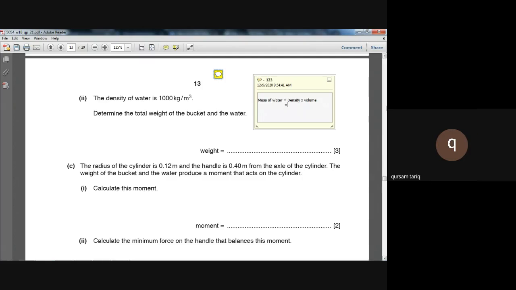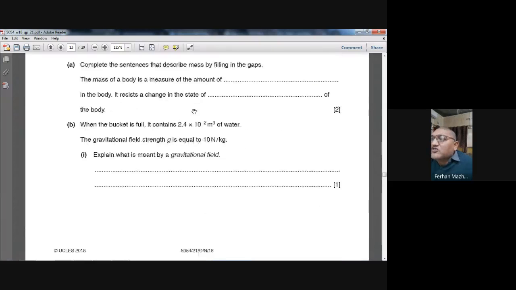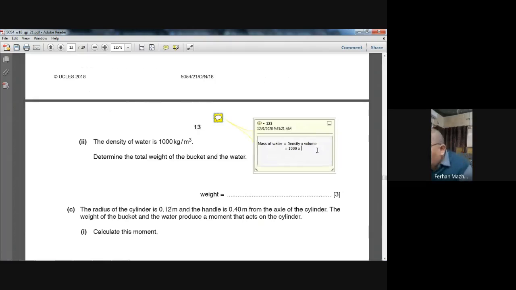Density is 1000, multiplied with the volume, which is 2.4 × 10^-2. Just do this calculation in your calculator and give us the answer. 24 kilograms. 24 kg, that's the answer. Okay. Now, the mass of the empty bucket is how much?